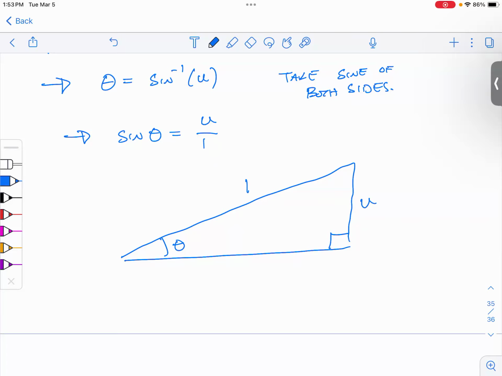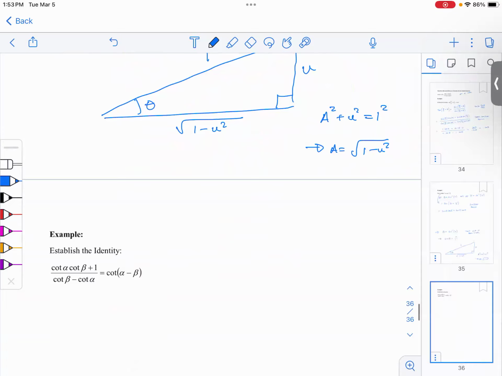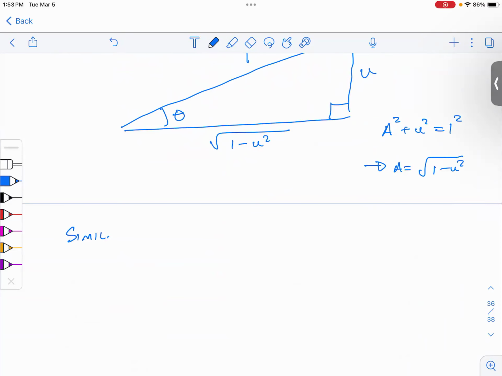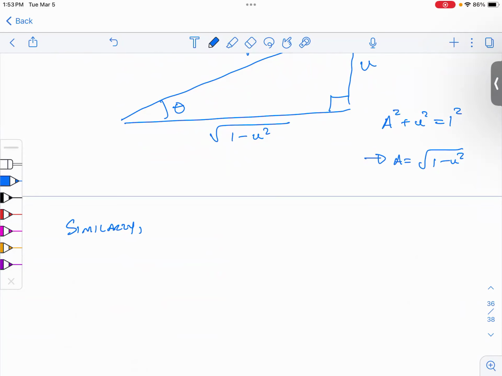And once again, how do I find the missing side? Pythagorean theorem. So that's the adjacent. A squared plus u squared equals 1 squared. Solve that down. A equals square root of 1 minus u squared. What's my other one?